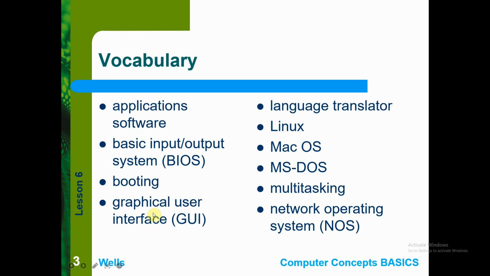So for your vocabulary, you have this batch of words again to add. So we have application software, basic input and output system or BIOS, term natin ng BIOS. Then we have booting, mag-start up sa computer. Then we have the GUI or graphical user interface, language translator, Linux, the Mac OS, MS-DOS, multitasking a term, and the NOS or the network operating system na gamit natin.